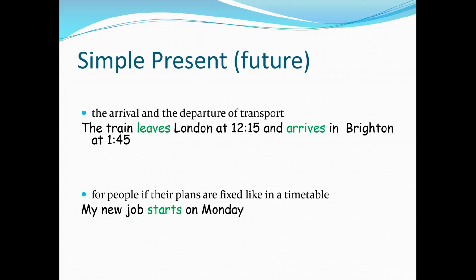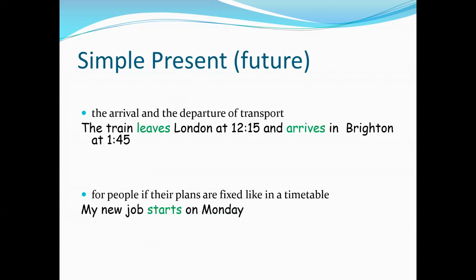We also use this tense when we speak about the arrival and the departure of transport. The train leaves London at 12:15 and arrives in Brighton at 1:45. We use this tense when we speak about people's plans if they're fixed, like in a timetable.